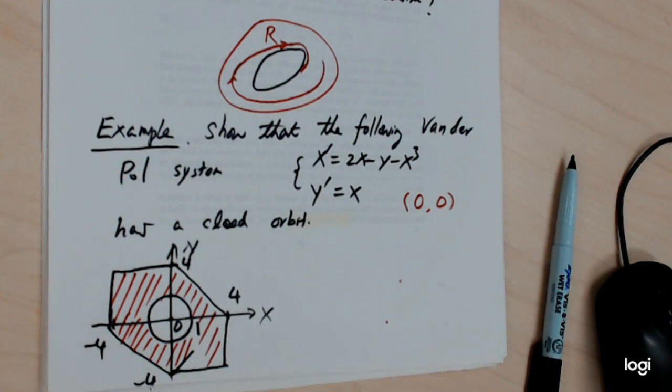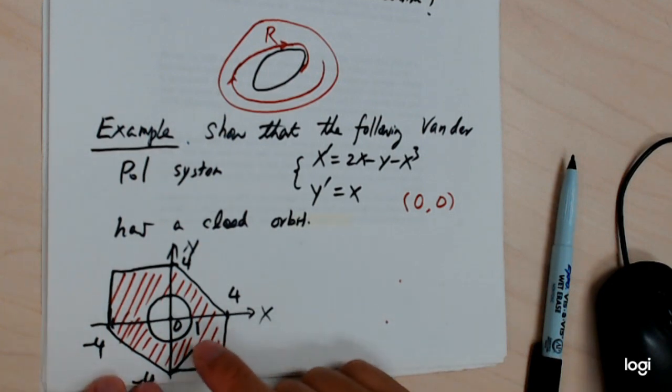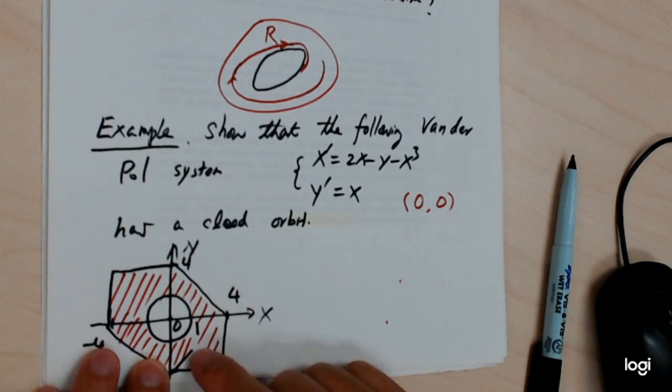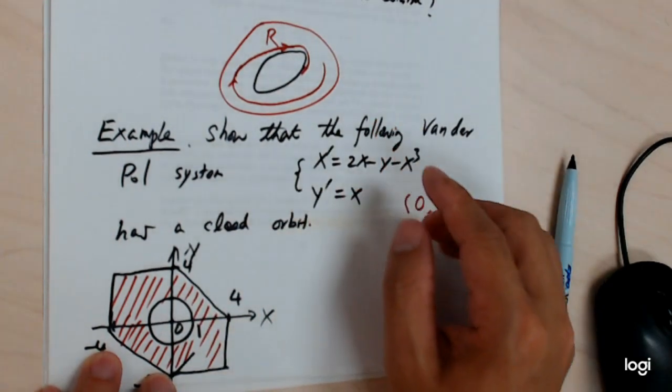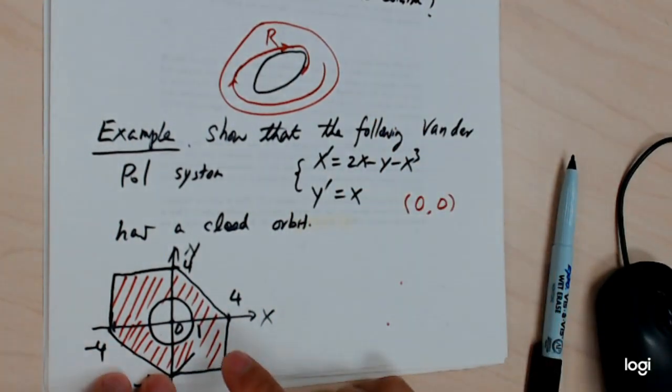That obviously requires us to do some detailed calculations here. So I'll try my best to explain why this set is positively invariant. Once I can show this is indeed positively invariant and there is no solution curve leaving this region, then according to the Poincare-Bendixson theorem, this has to have a hidden limit cycle somewhere inside.